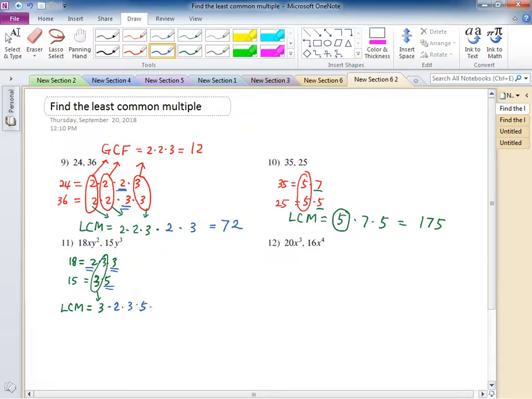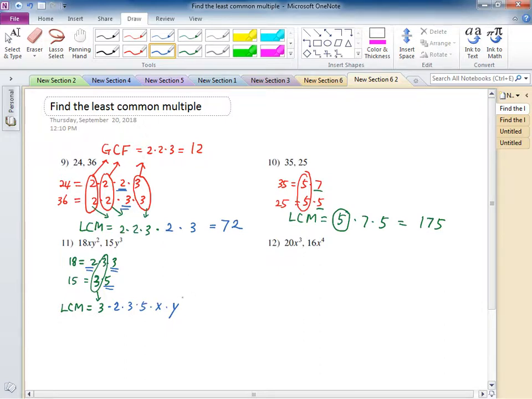And now look at the expression. I have variable x only once here, no x there. So I need to have factor x in the multiple. And now let's look at the y variable. Y second, y third. What do I need to use, second or third, to make a multiple? Multiple means bigger number, okay?